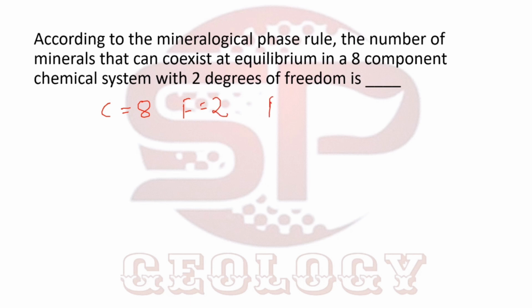So we have to calculate the phase, that will be the number of minerals. So P plus F equal to C plus 2. So P plus 2 equal to 8 plus 2.